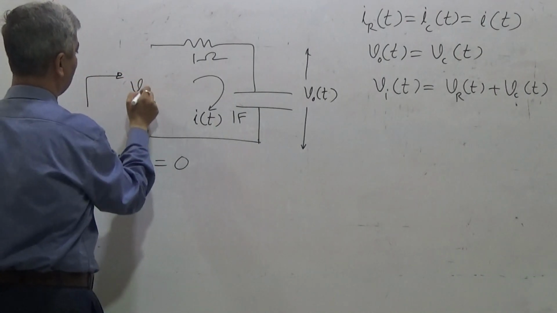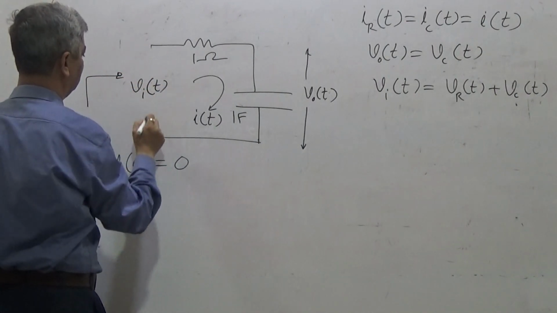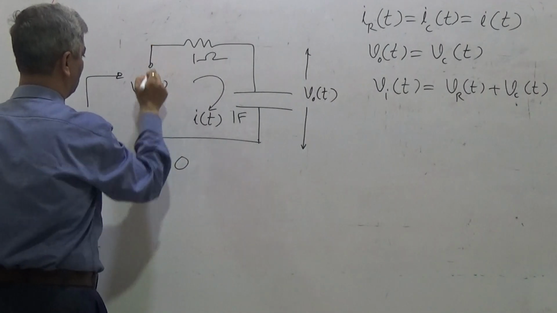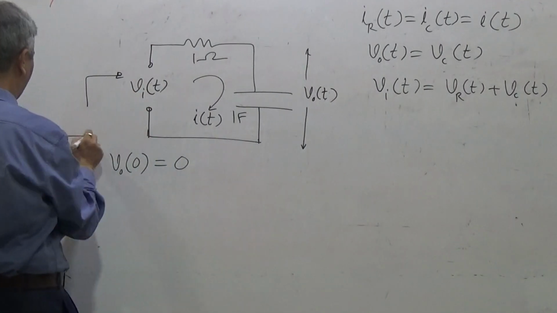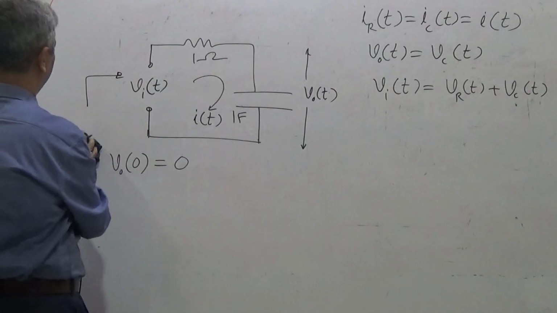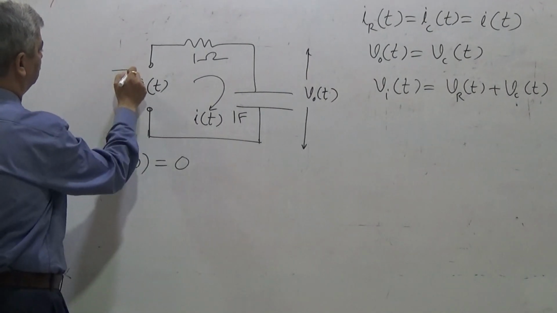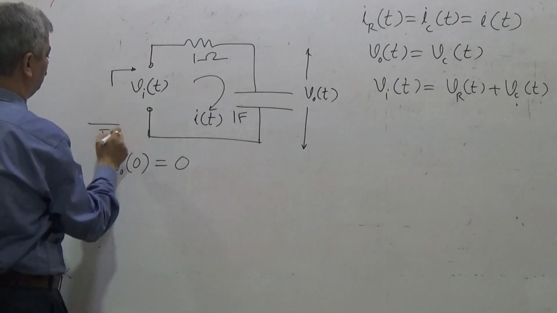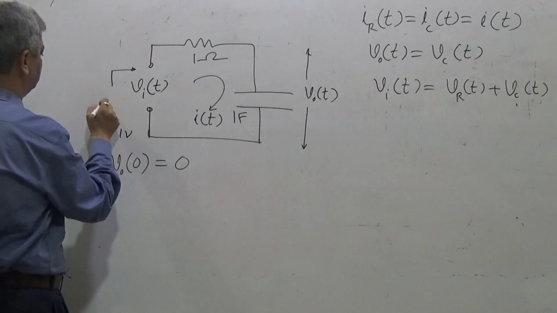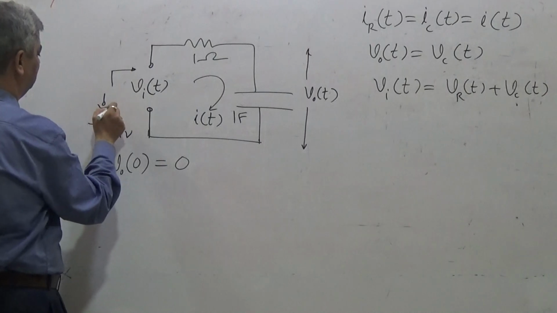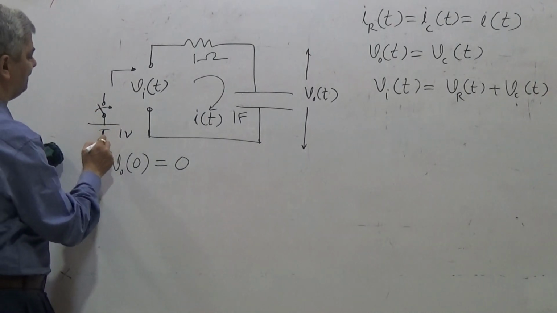What I apply, what it may be. Right now I have a 1 volt voltage source and a switch. What I am applying is V_in(t). This is my V_in(t). I can have something else.